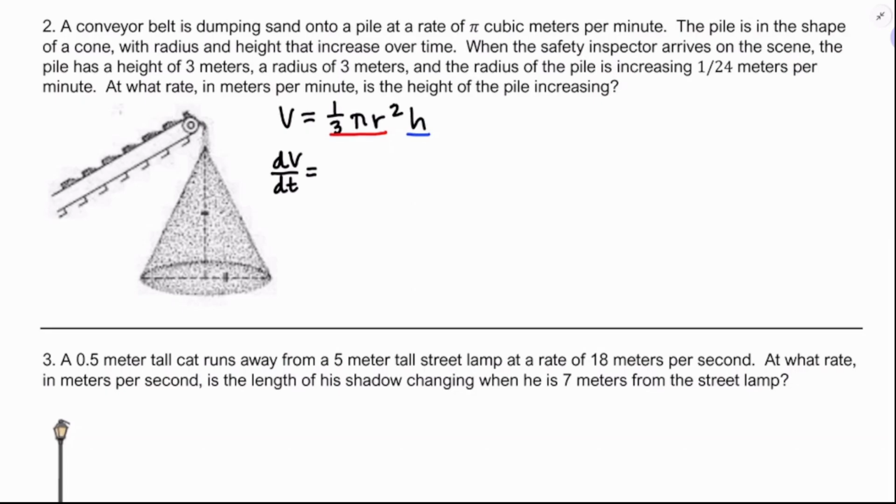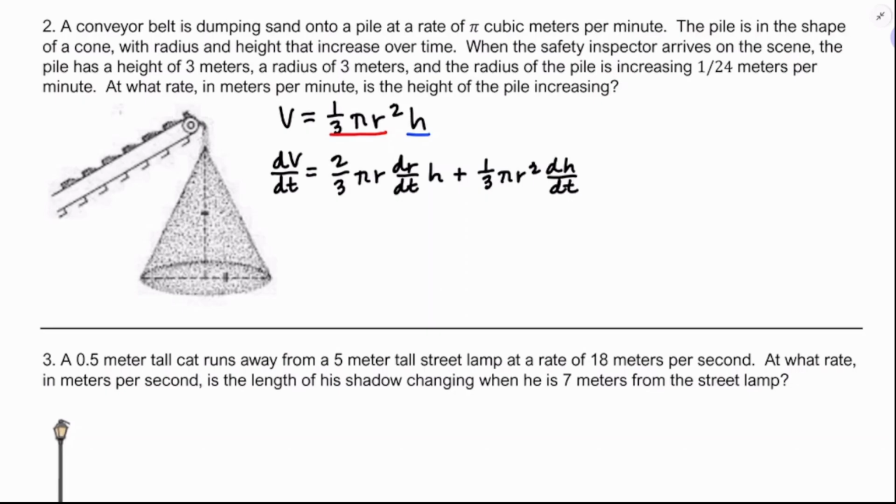So first I'm going to take the derivative of 1/3 pi r squared, and I'd get 2/3 pi r times dr dt for the chain rule. Leave h the same. Then I'll add, leaving 1/3 pi r squared the same, multiplying by the derivative of h.